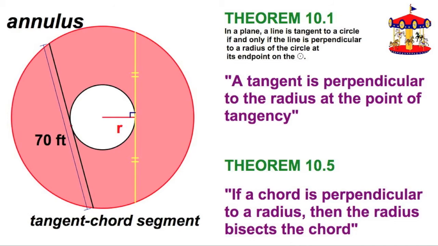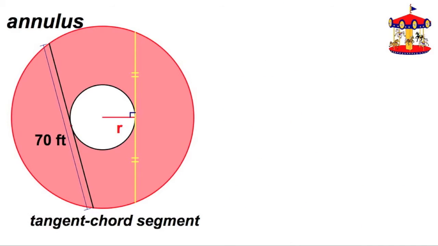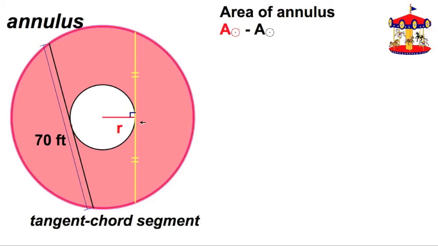So now let's get rid of those theorems because they're taking up too much space. We know that the area of the annulus is the area of this circle minus the area of this circle. Again, easily done. If we knew those radii, we don't know them, we don't need them. Let's just substitute these equations.